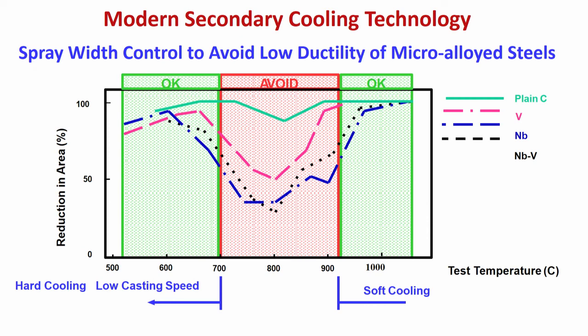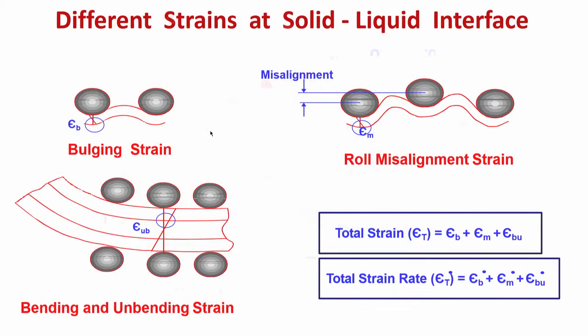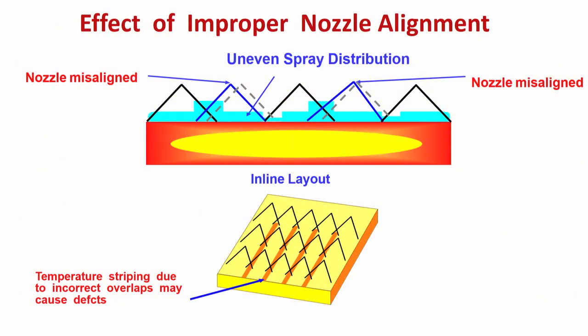So, the secondary cooling technology these days, there is a possibility that you can control it. The width control, I was talking of width control, how much cooling will be there. Let us look at it here.